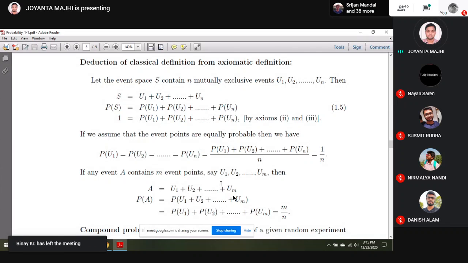Therefore, probability of A is equal to m by n, which is the classical definition of probability. We wanted to prove this, and this is proved.